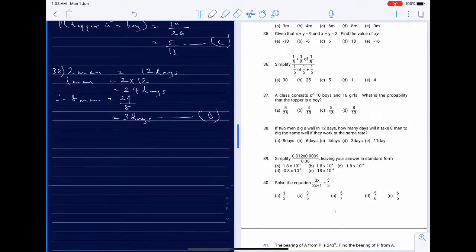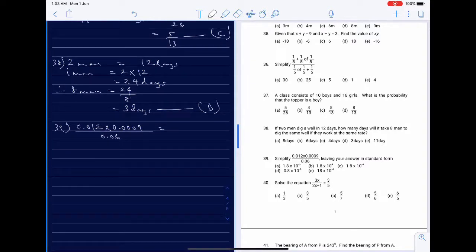Now the next, simplify, which is number 39. Simplify 0.012 times 0.0009 divided by 0.06. Here, this is what I'm going to do.